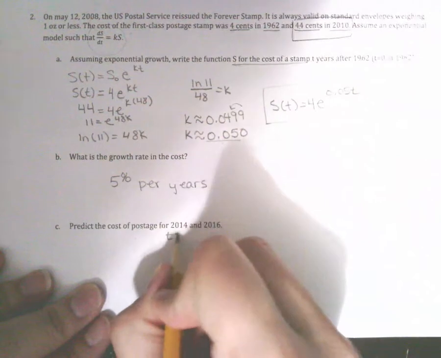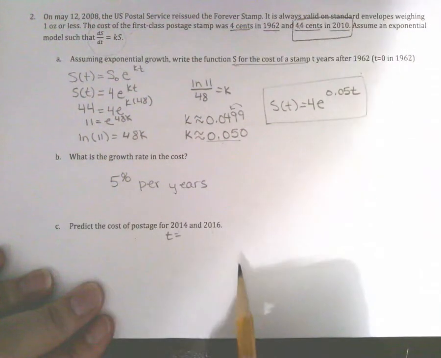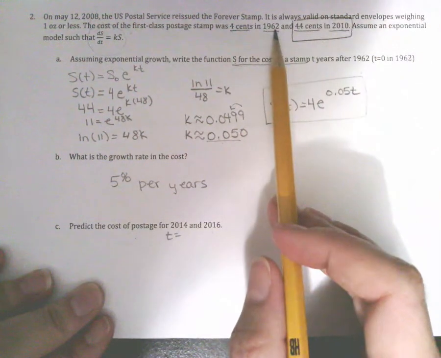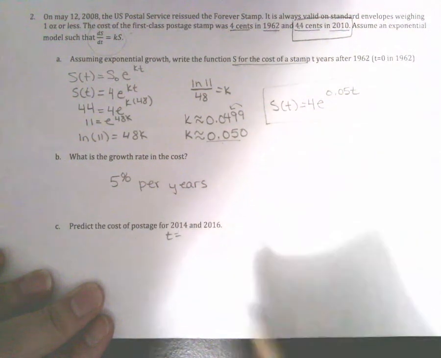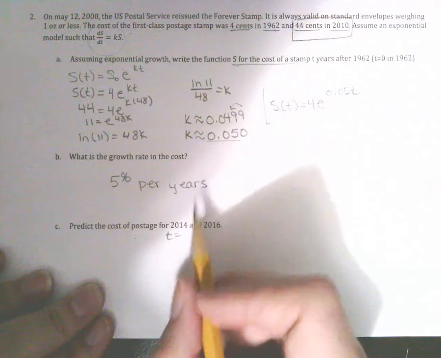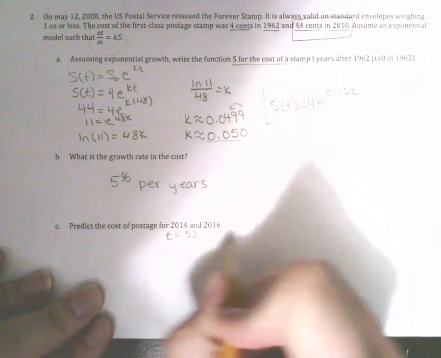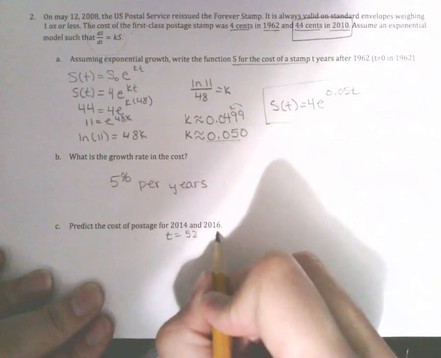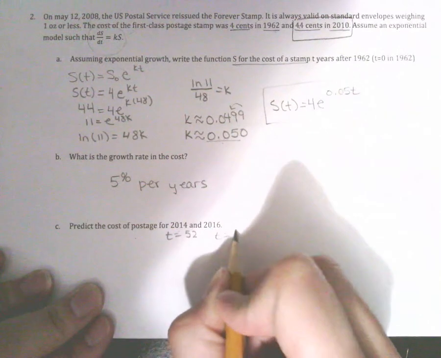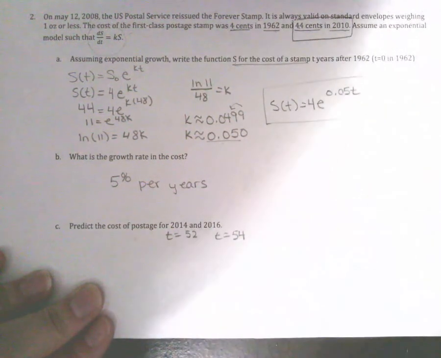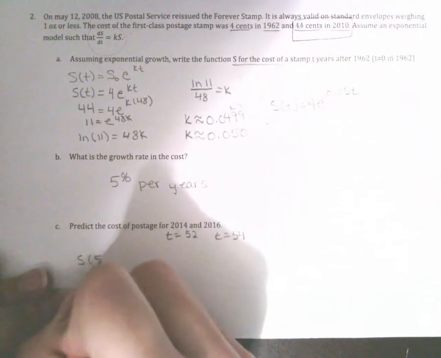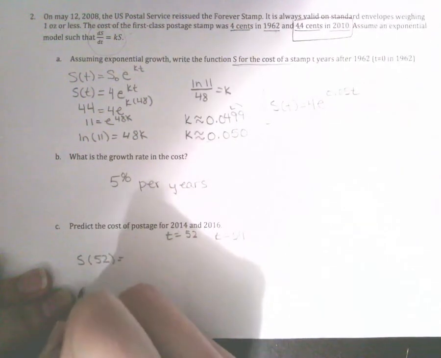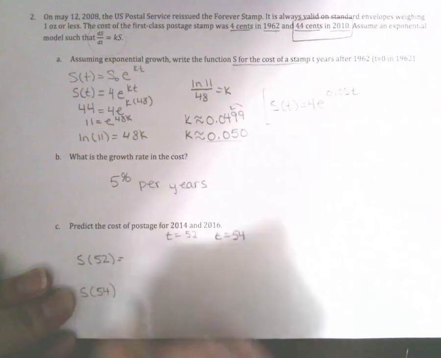So in 2014, the number of years that have passed since 1962, that's going to be 52. And then in 2016, it's going to be 54. So we're going to find S of 52 and S of 54.